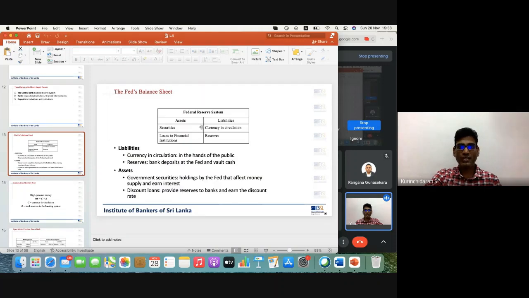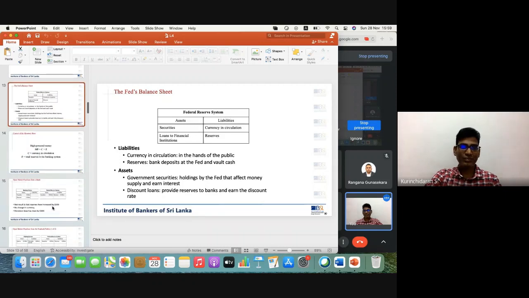So in the table, the currency in circulation and the reserves, we call high powered money or monetary base. Clear? These calculations and names are very important.